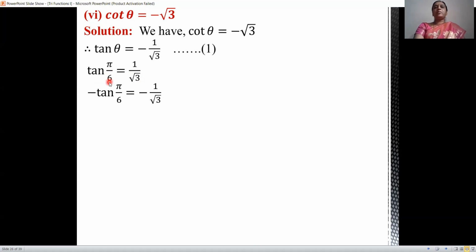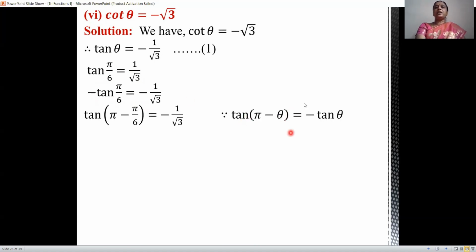Take the minus sign of both sides, we will get minus tan pi by 6 is equal to minus 1 by root 3. Then go again to the allied angle table. Minus tan theta means tan(pi minus theta). So here minus tan pi by 6 can be replaced by tan(pi minus pi by 6) according to this allied angle formula.